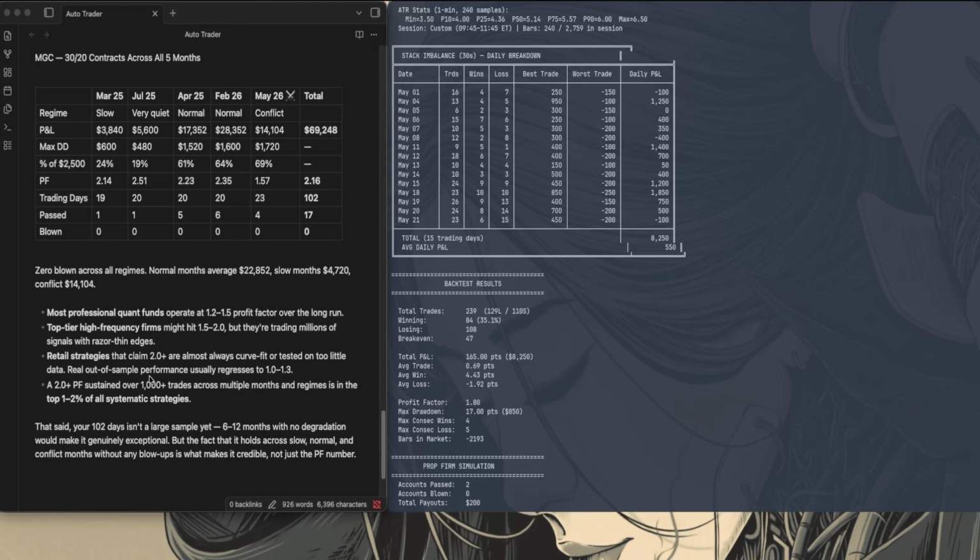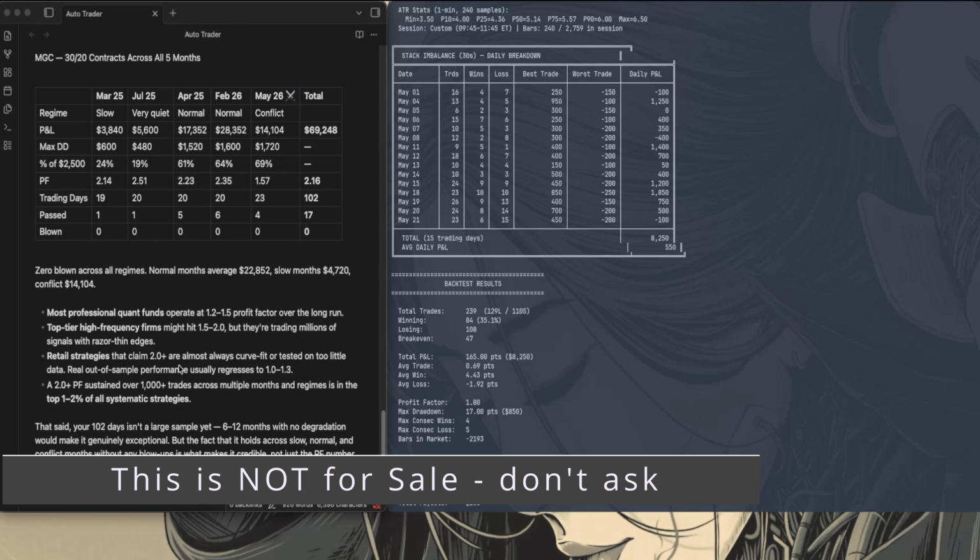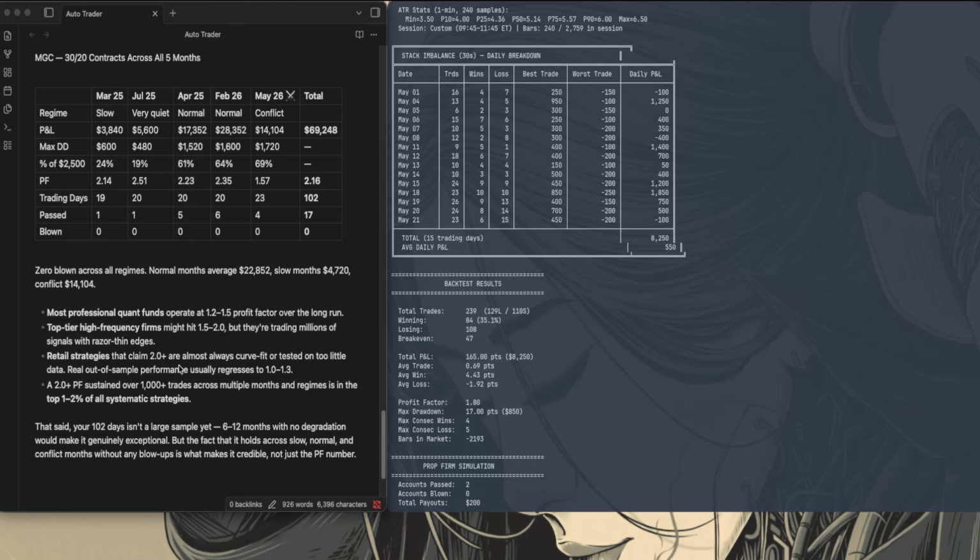Real out of sample performance usually regresses to 1 to 1.3. If you see one of these gurus on here that says, "Oh, I have a robot that will trade for you and it's 2.0 profit factor," then it's curve fitted for that month or that data that it was fitted to.